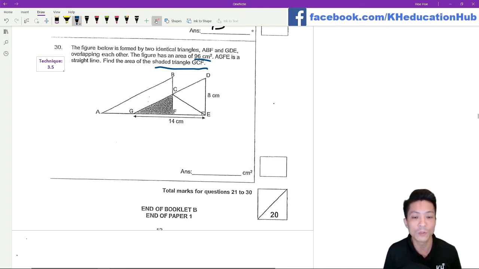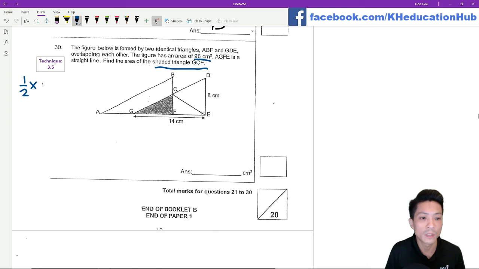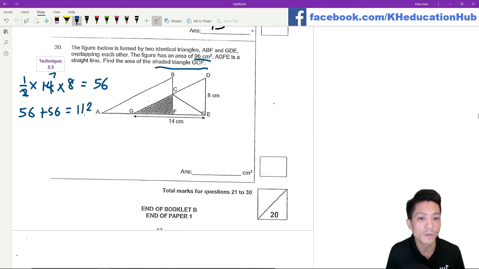Okay, for this question, you need to use the overlapping technique. First of all, I'm going to find the area of one of the triangles, like ABF. That will be half times base times height. Cancel 7. It's going to give me 56. If I use 56 plus 56, it's going to give me 112.